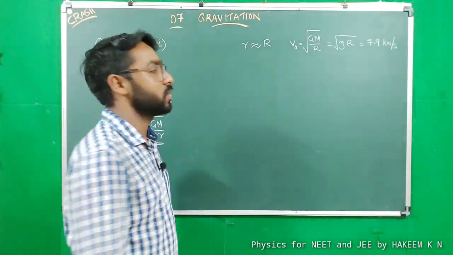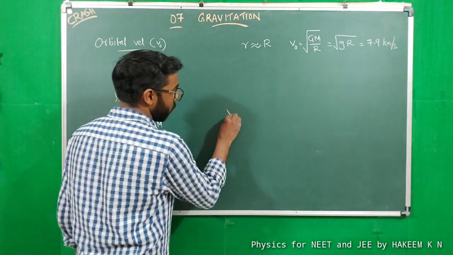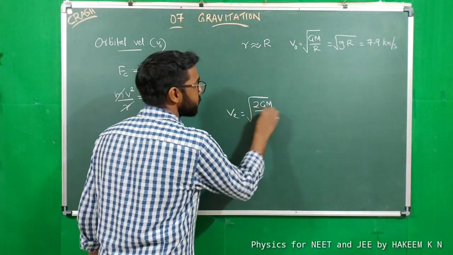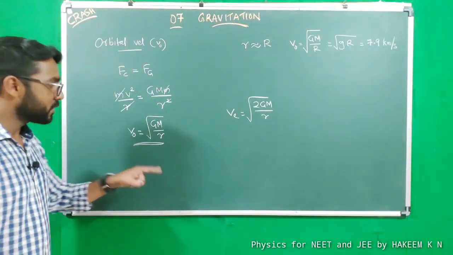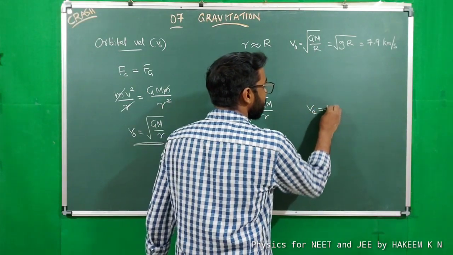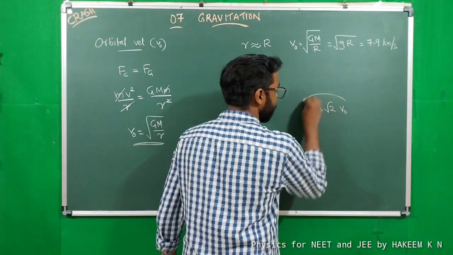We got that escape velocity equals root of 2GM by small r. So comparing, escape velocity equals root 2 into orbital velocity.